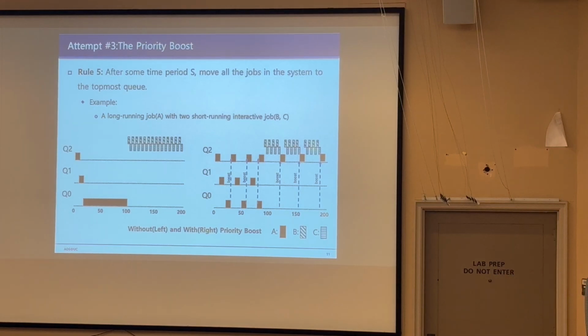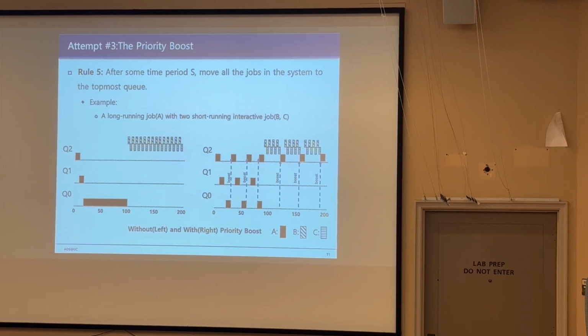In this case, we have A, which is a long-running process with a very long CPU burst. Because it uses up every time slice, its priority drops to the bottom. At this point, the two short-running, interactive processes arrive, each with a very short CPU burst.